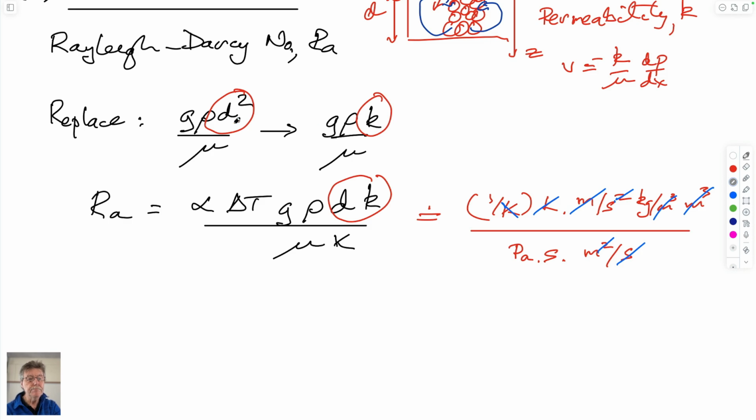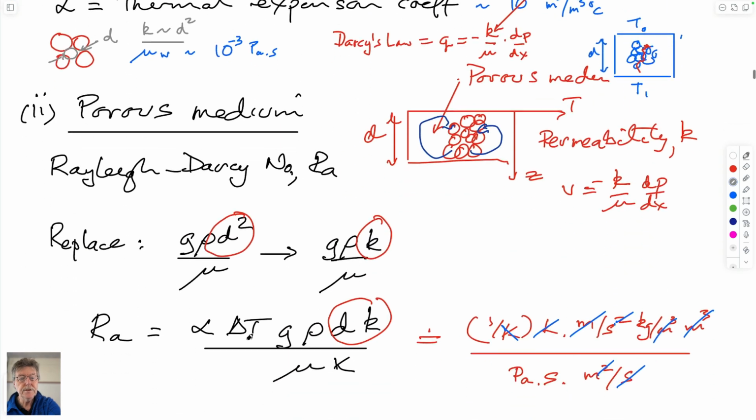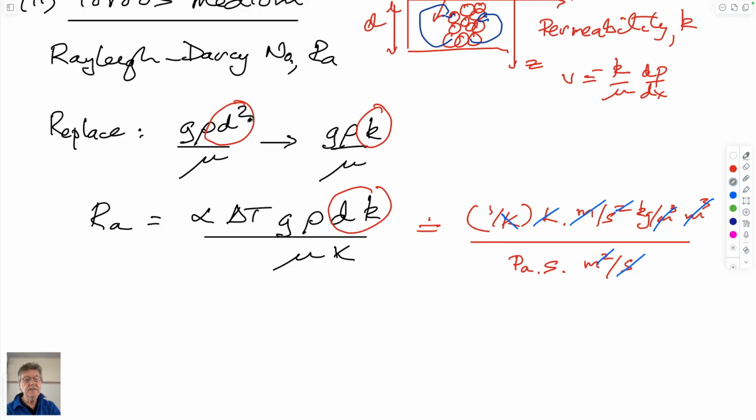So we can write this particular portion of this relationship here, this and this. All I'm doing is taking those components out, replacing this d cubed term with d and d squared, and the d squared is proportional to permeability.